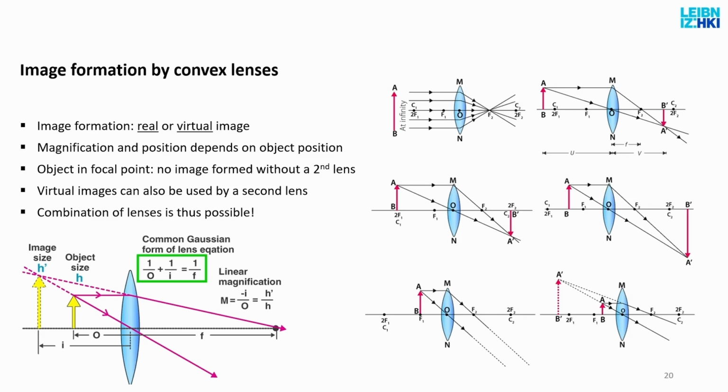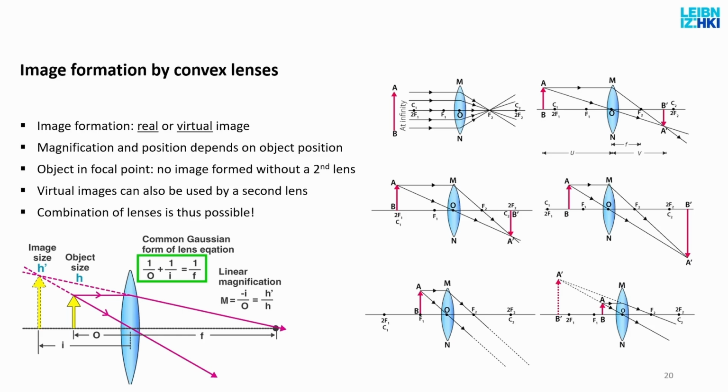And from this equation, you can very simply, for example, calculate where the image is formed, if you know the focal distance of the lens and you know where you put your object. This means, of course, that I can also calculate the magnification, which, because of simple trigonometry, is the distance of the image from the lens divided by the distance of the object from the lens.